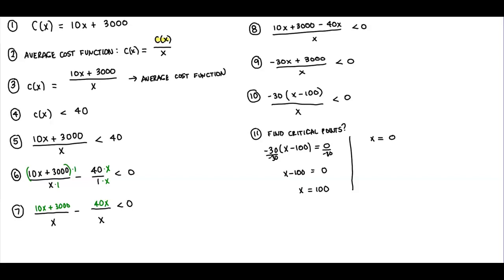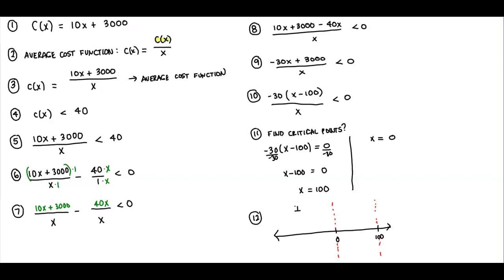So now let's look at this in terms of a number line with critical points. This is 0 and this is our critical point of 100. Here is the region that goes through 0, and here's the region that goes through 100.